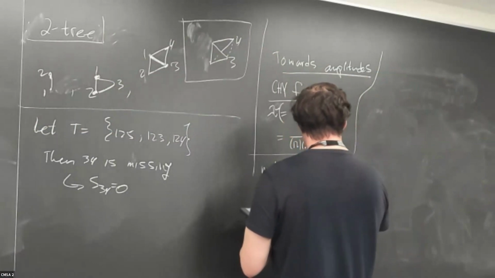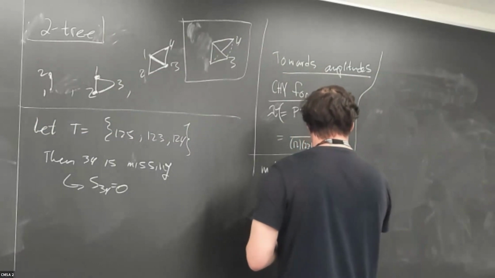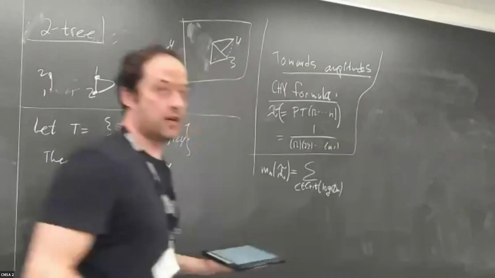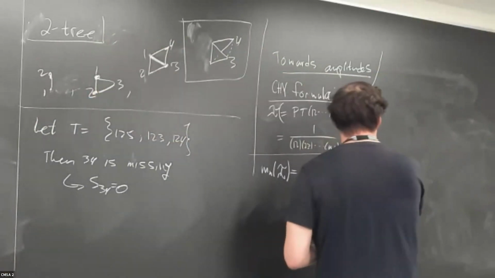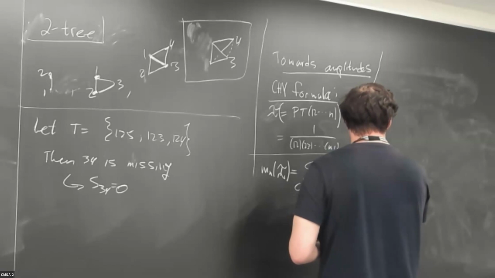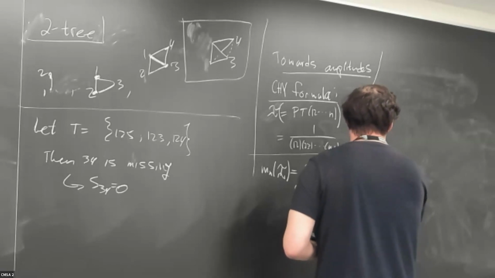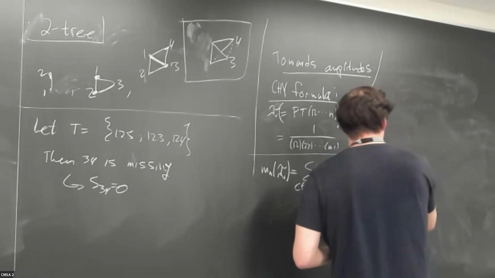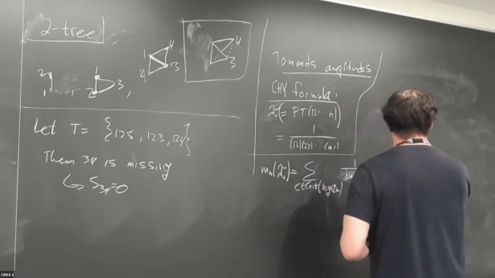Take the sum over all of the critical points of the log of phi n of 1 over the determinant of H, the Hessian determinant, times I squared.